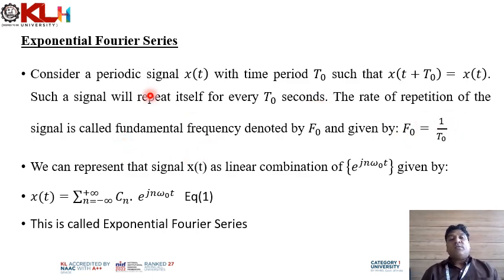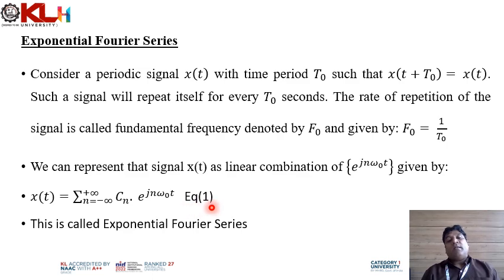Using this exponential Fourier series, we can represent this periodic signal as a linear combination of the exponential function e^(jnω0t). The exponential Fourier series equation we can write as x(t) = summation n from minus infinity to infinity c_n e^(jnω0t).